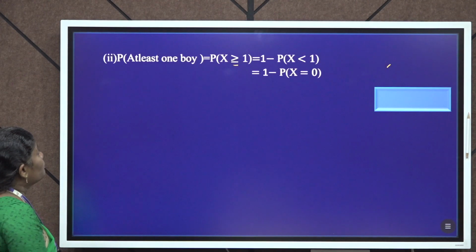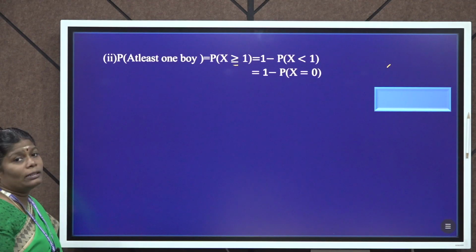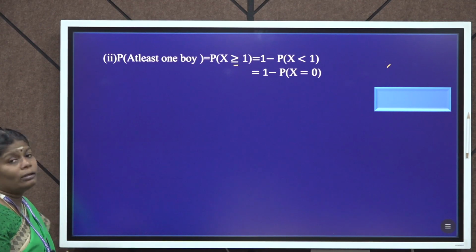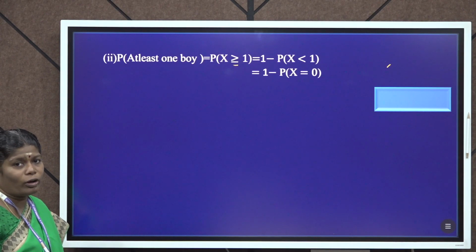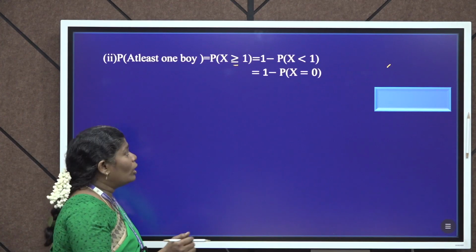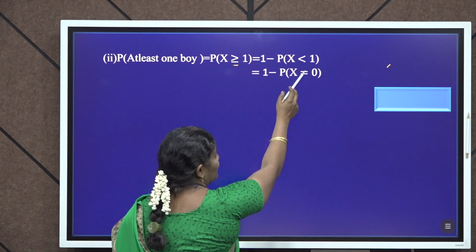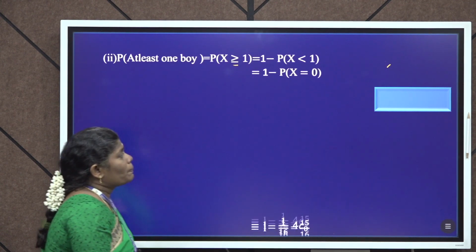Next, probability of at least 1 boy. That means families having 1 boy or more boys, that is 1 boy, 2 boys, 3 boys or 4 boys. We are using the shortcut. This is equal to 1 minus P(X < 1), strictly less than 1, that is 1 minus P(X = 0).